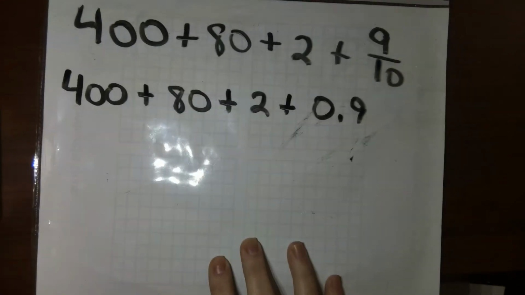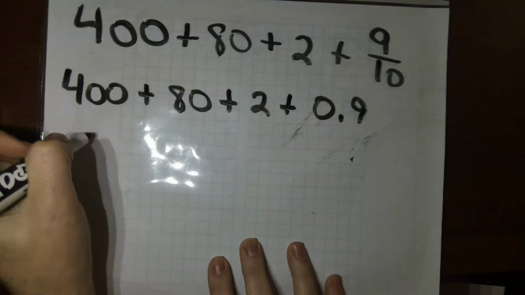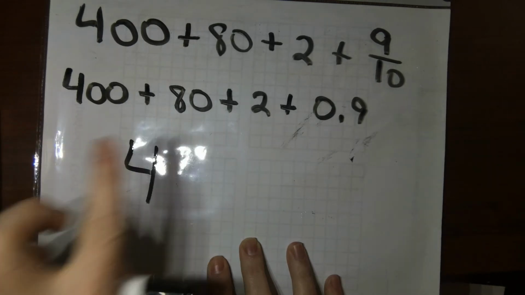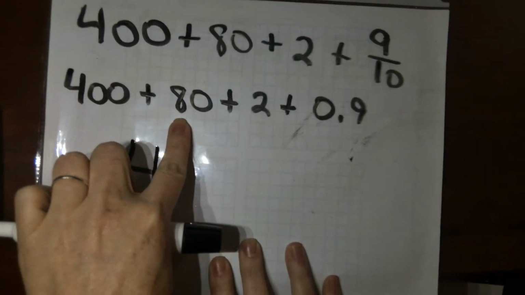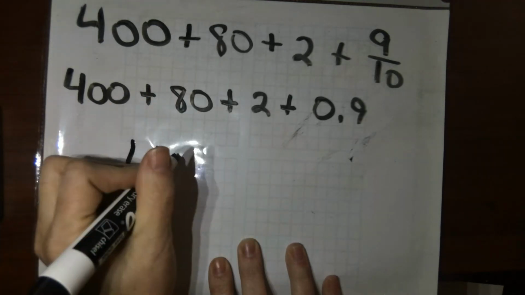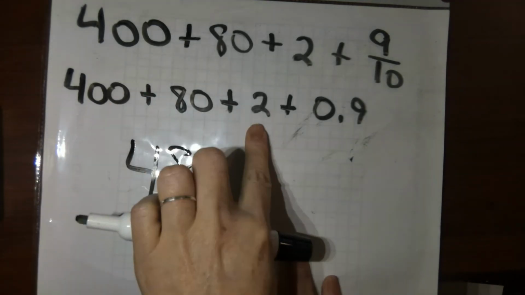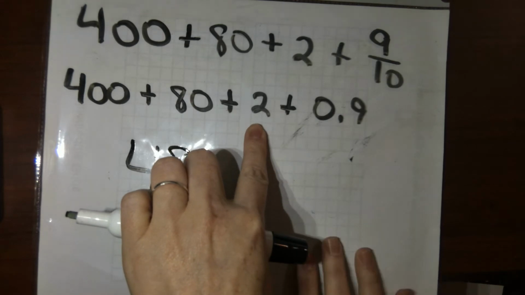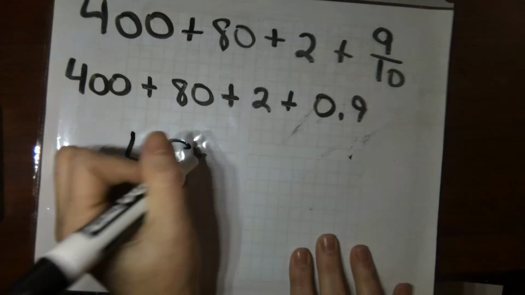So 400, the 4 is in the hundreds place. Good job. We have 80, so the 8 is in the, go ahead and say it. Yes, it is in the tens place. Our 2, it's all by itself, so it must be in the ones place.